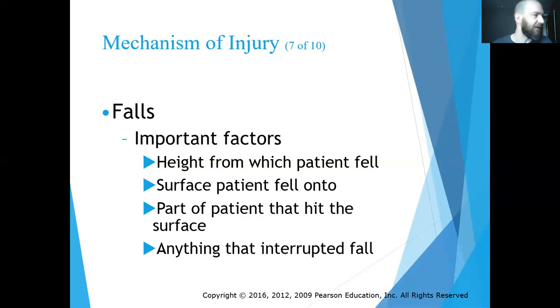Did the guy that was cleaning his gutters up on his roof fall from the roof and hit the railing of his porch on his way down, and then he hits the ground? Obviously, hitting things on the way to the ground can cause injuries as well. So what did they hit on the way down? Anything that interrupted the fall at all?